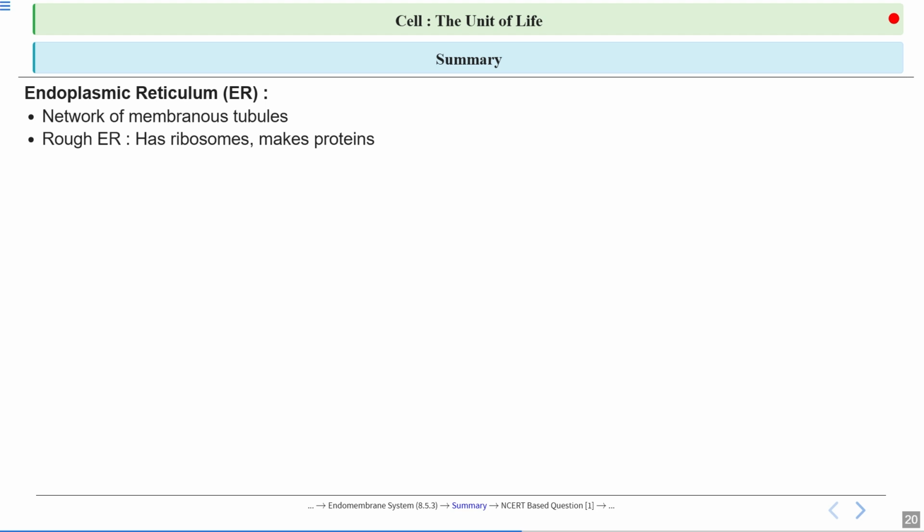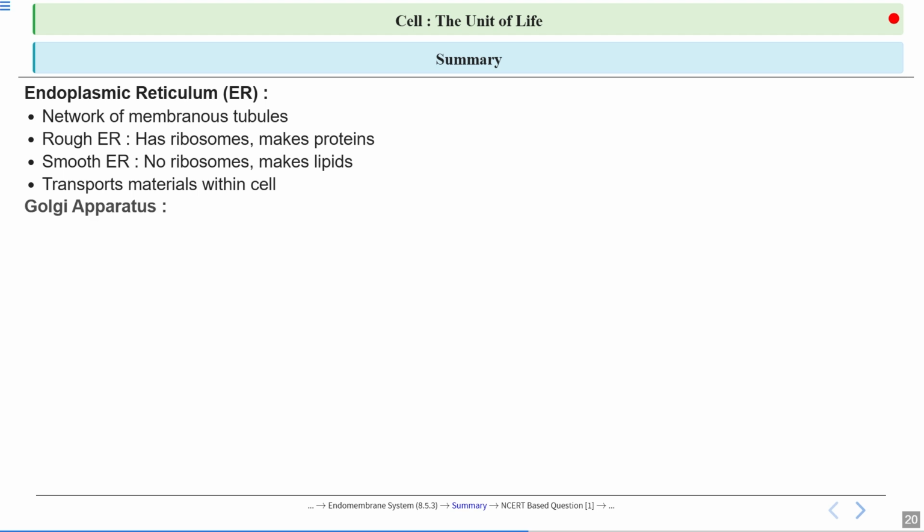Rough endoplasmic reticulum has ribosomes, and its function is to make proteins. Next is smooth endoplasmic reticulum. It doesn't have ribosomes, so its function is to make lipids. Endoplasmic reticulum transports material within the cell to the Golgi apparatus.